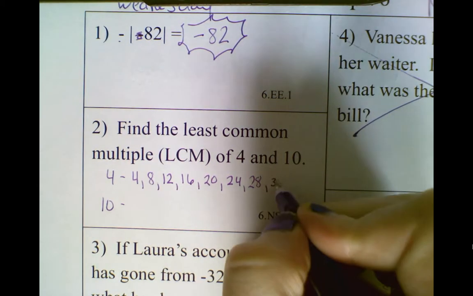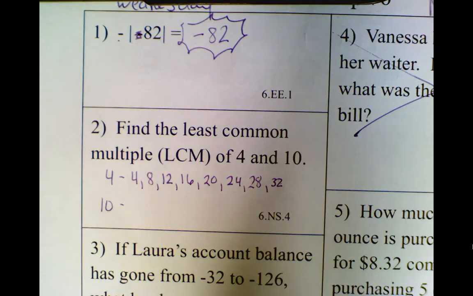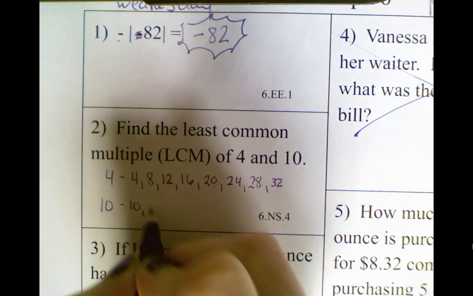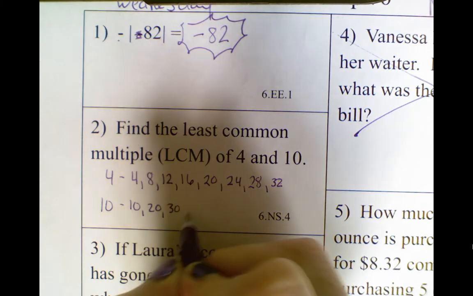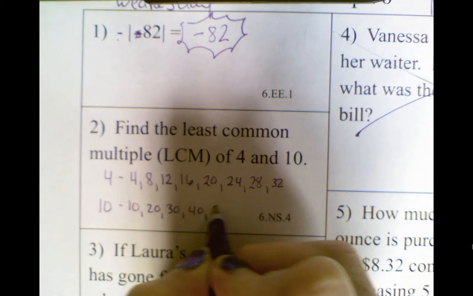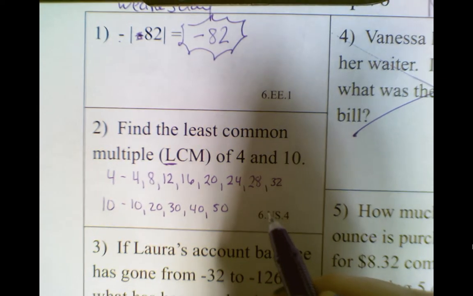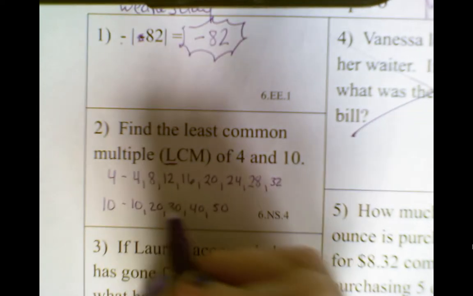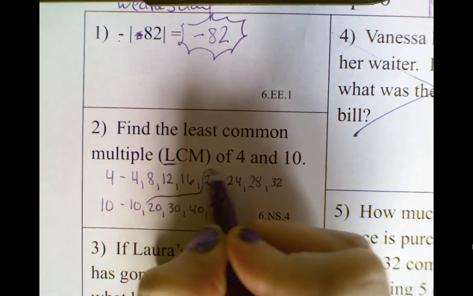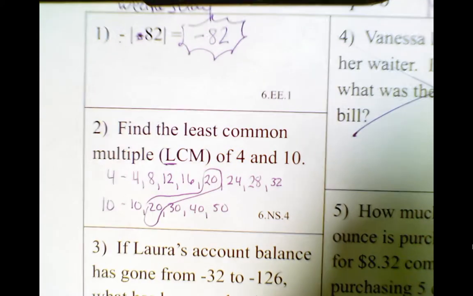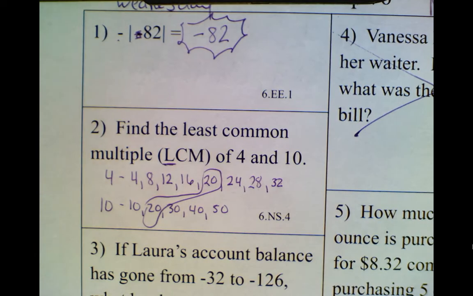You can go on forever. All the multiples of 4. And then the multiples of 10 are 10, 20, 30, 40, 50, so on and so forth. But you need to find the least common multiple. So the number that both of them have would technically be 20. So 20 is going to be your answer.